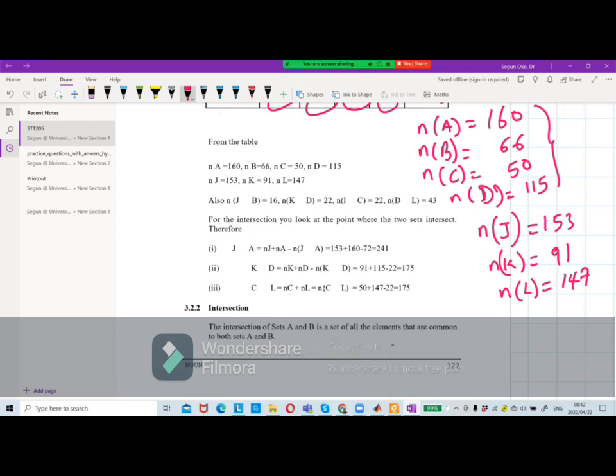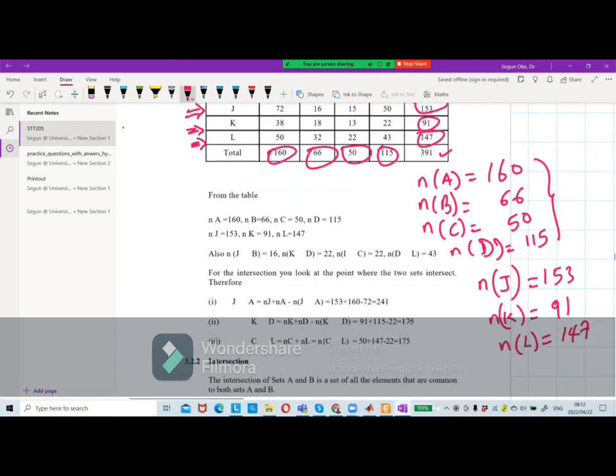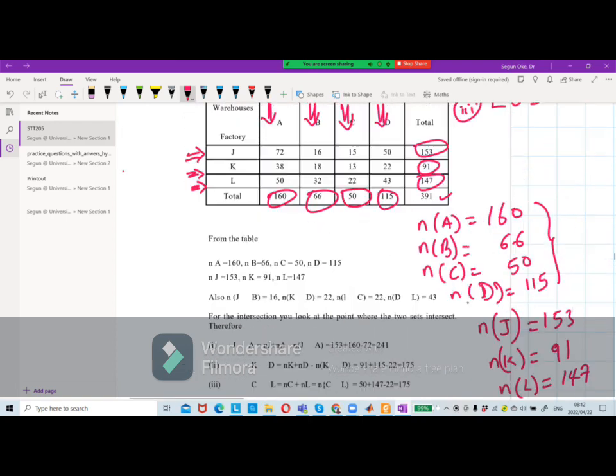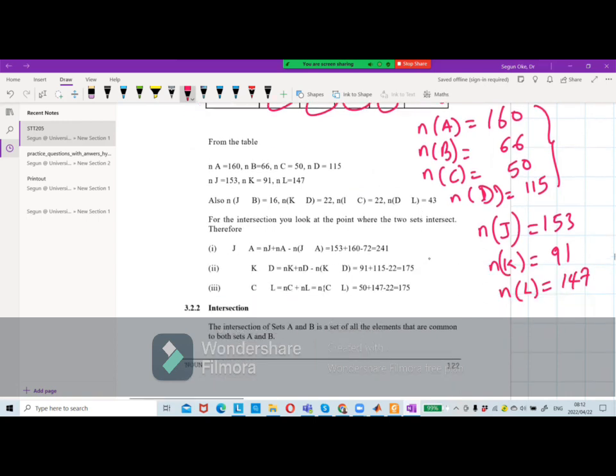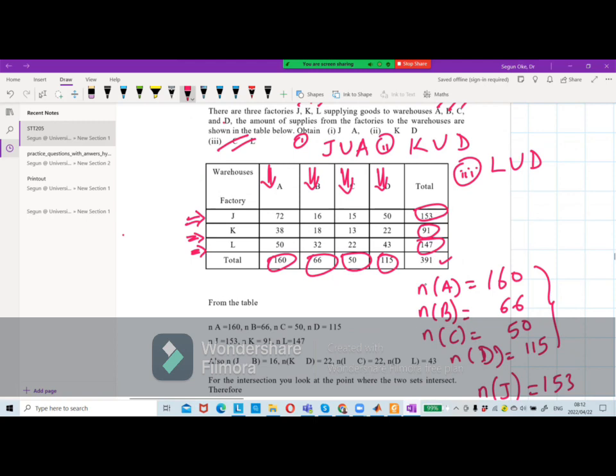And the question says we should look for, if you have this from the table, we need to check at the point of intersection. Let's check, what do they have in common? How do they intersect?